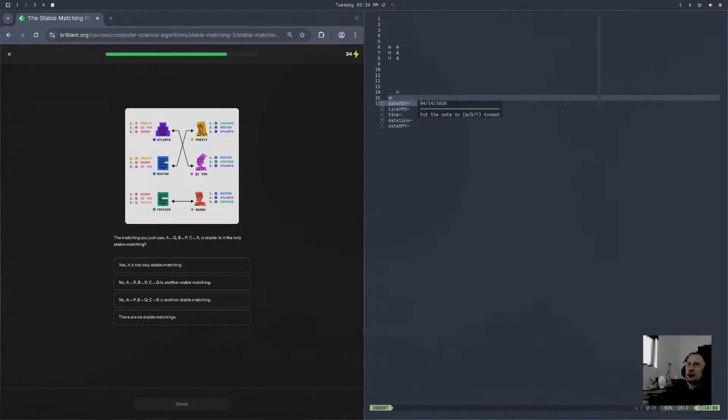Boston's like meh. And then Kian, of course, has to go with Atlanta because Chicago and Boston are taken. So she's angry. Atlanta got Kian and they're like meh. So that's probably not stable as well.